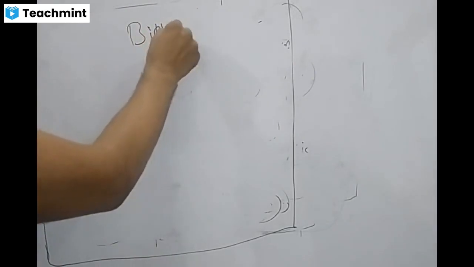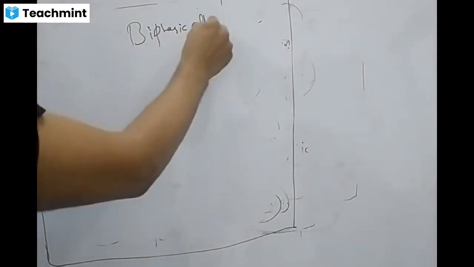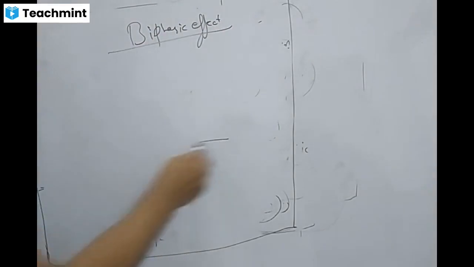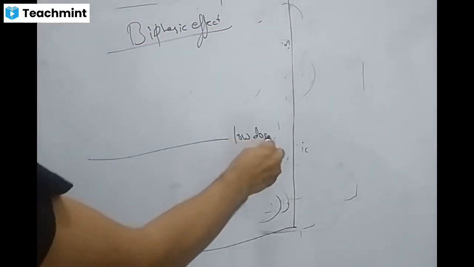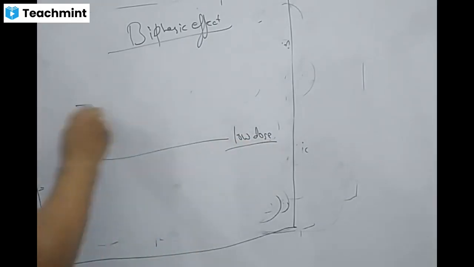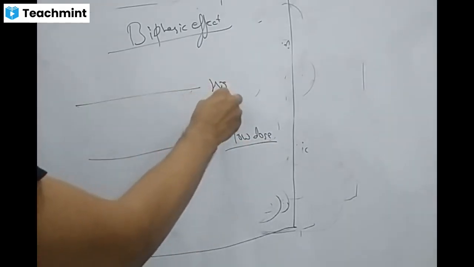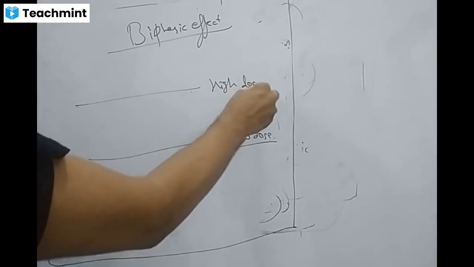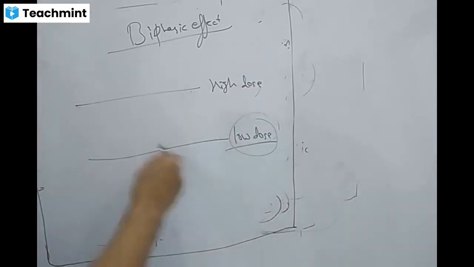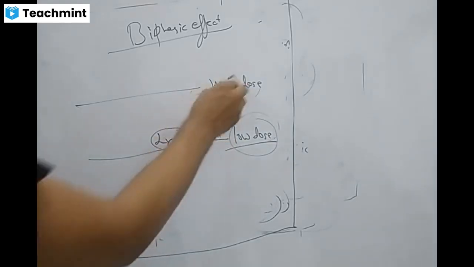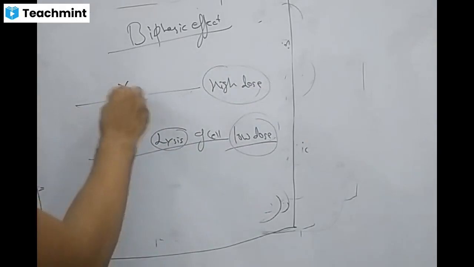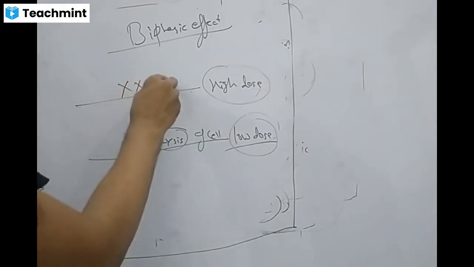Biphasic effect. See, this is the low dose of your penicillins, and this is the high dose. At low doses there is lysis of the bacterial cell, but at high doses there is no lysis of the cell.